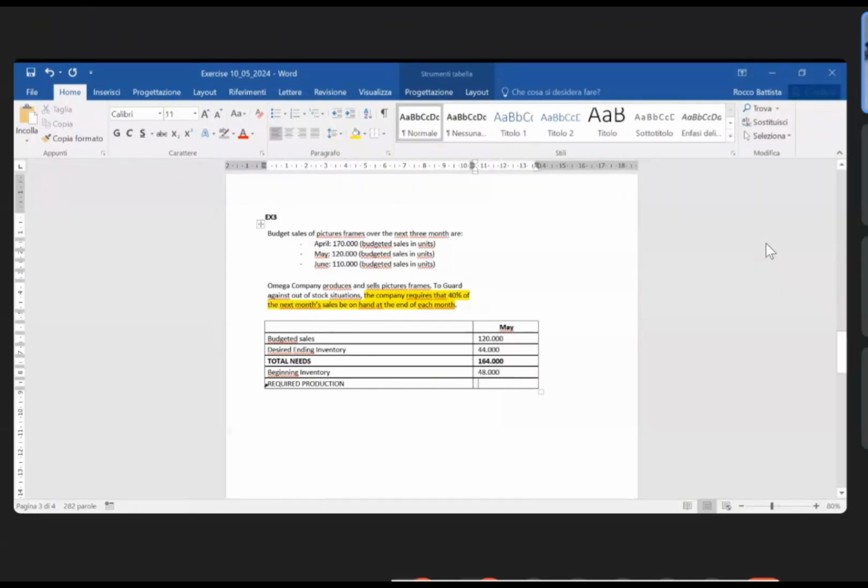So now, for the final number to solve the exercise, what do we need to do? We have the total needs. We know that we need 164,000. We also know that we have a beginning inventory of 48,000 units.